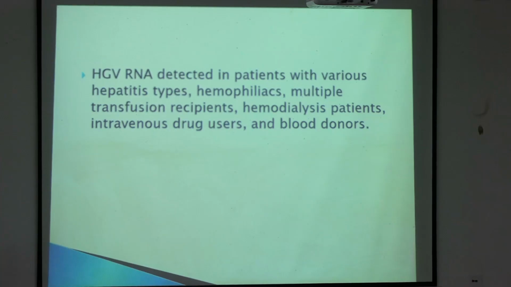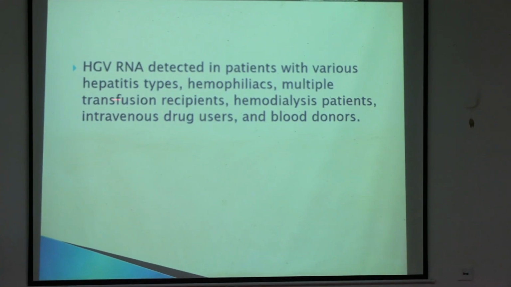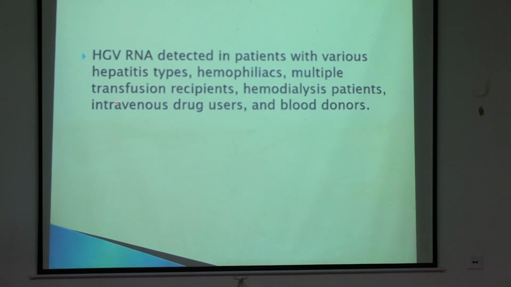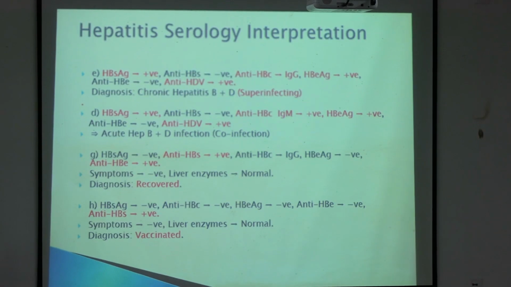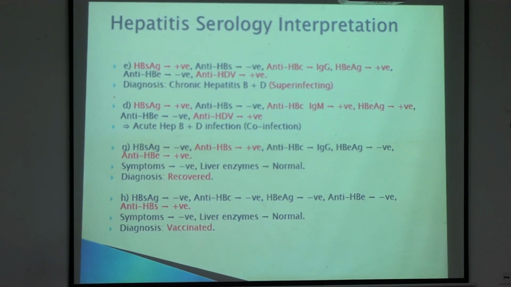HGV RNA is detected in patients with various hepatitis types, hemophilics, multiple transfusion recipients, hemodialysis patients, etc. So here we have few charts. These will be asked in your exams. You have to understand it, you have to digest it.